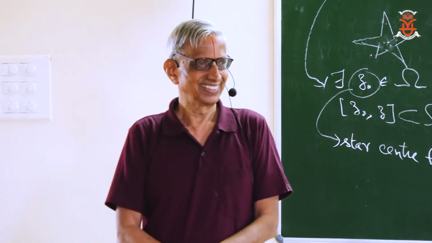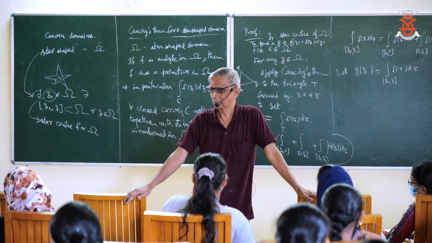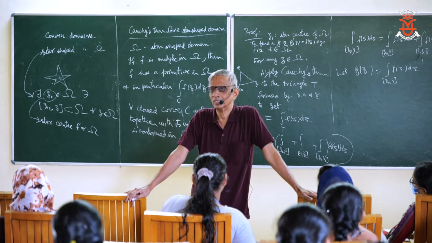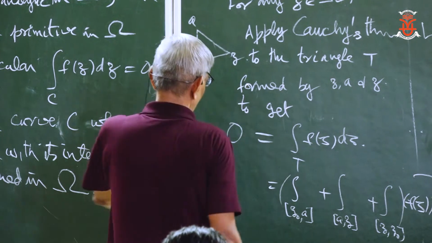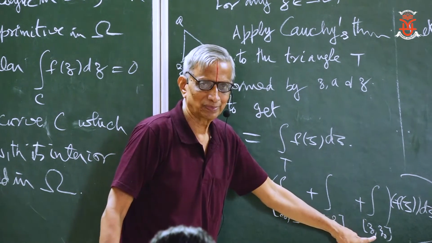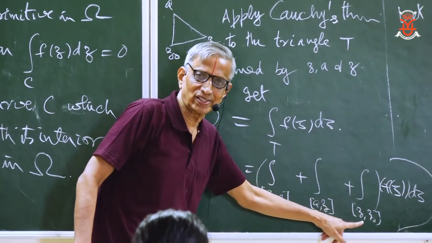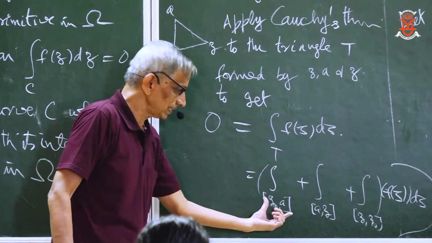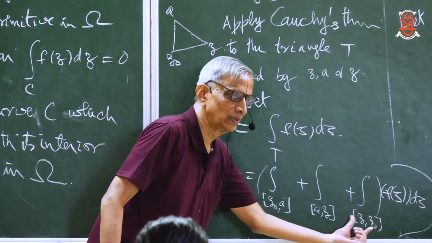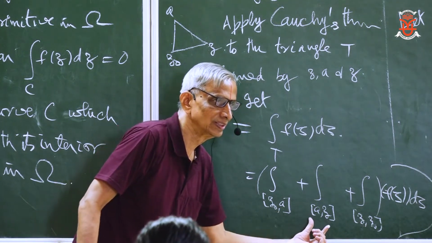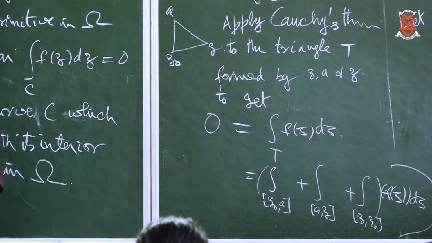Right? So what is the answer? Of course, there is no problem with this and that, because Z0 is the star center. The line segment joining Z0 to any other point lies in the domain. So this lies in the domain, this lies in the domain. What about this term, the line segment AZ?